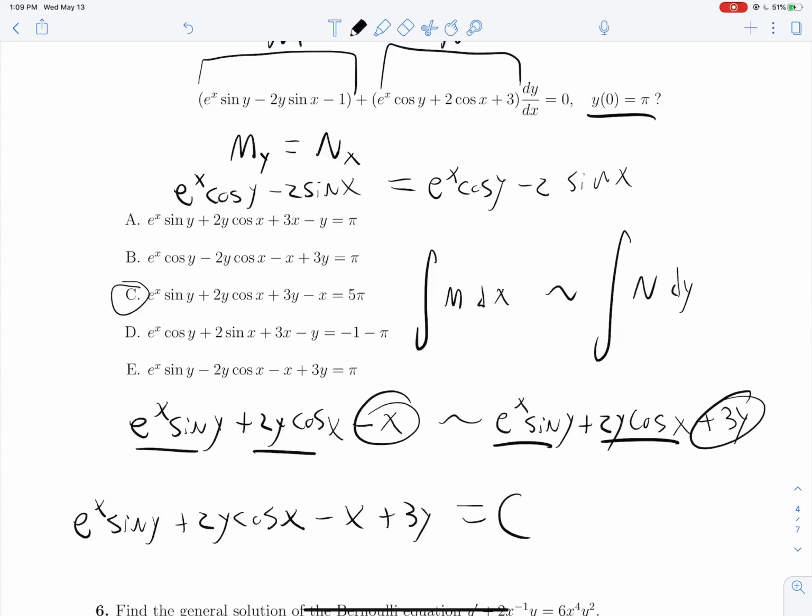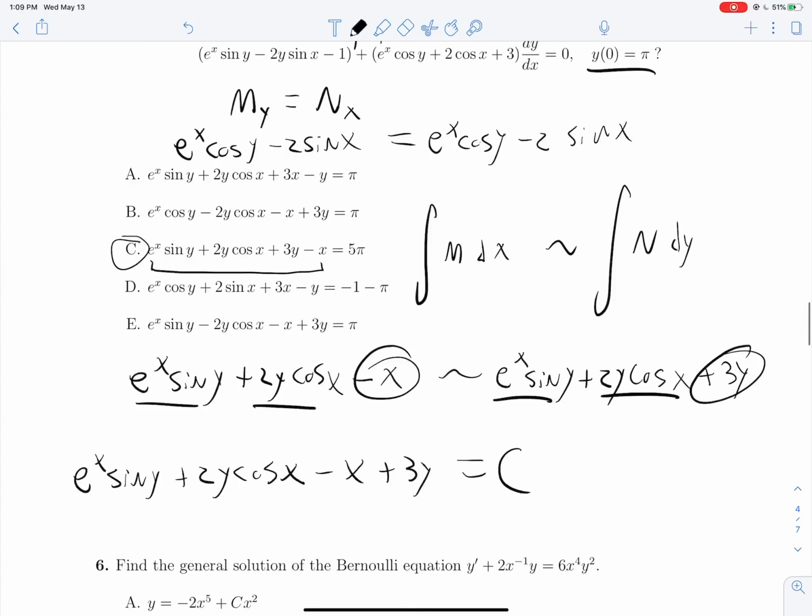Often they will do this where the only correct left side of the equation is your choice. They don't make you solve for that constant very often in order to ensure that you have the right answer, but let's do it anyway. Since y(0) is equal to pi, anything that is multiplied by x will go to 0. This is a 3 pi, and then these two are a little bit more complicated.